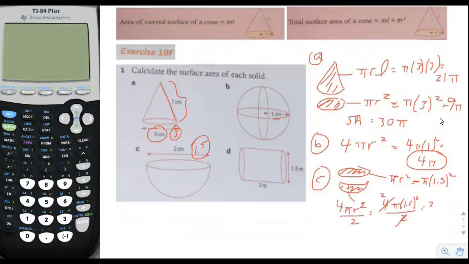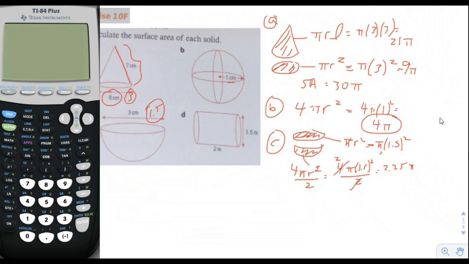So it'd be 2.25 pi. And this flat part here is also 2.25 pi. Oh, but this one here is 2 times 2.25. Okay?